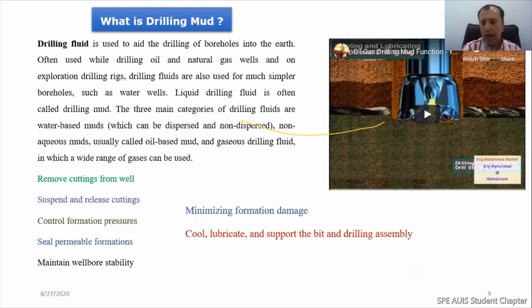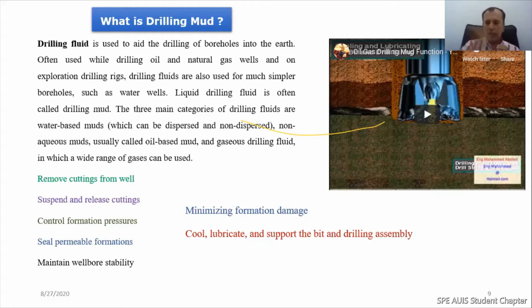send it down by specific pressure, so that the mud will be able to clean all the small cuttings made by the drilling operation. What is the main objective for using mud? It is for minimizing formation damage, because that mud is going to seal all around the borehole.